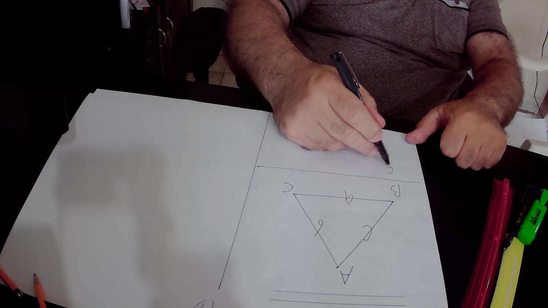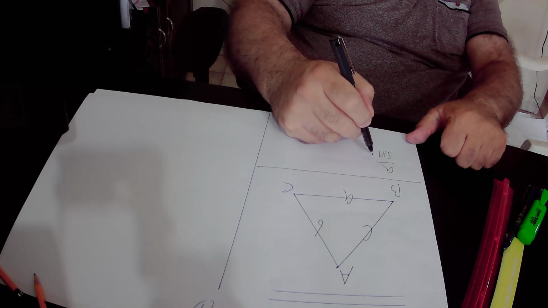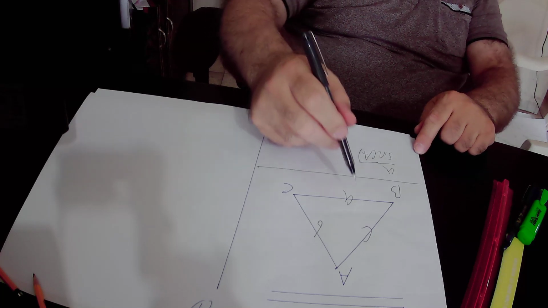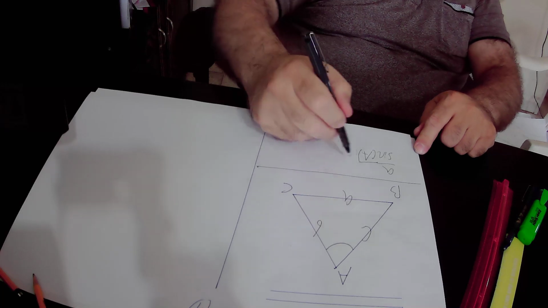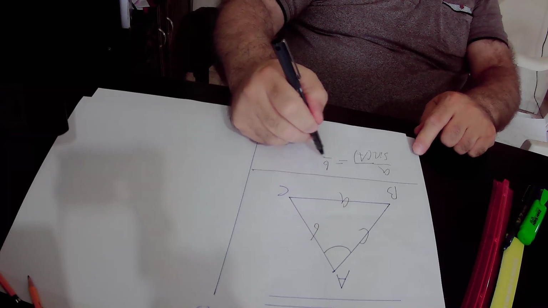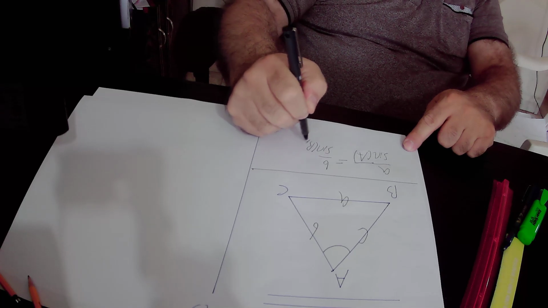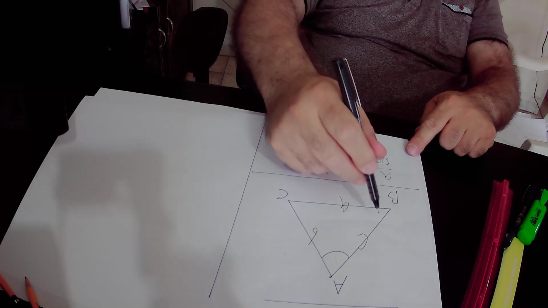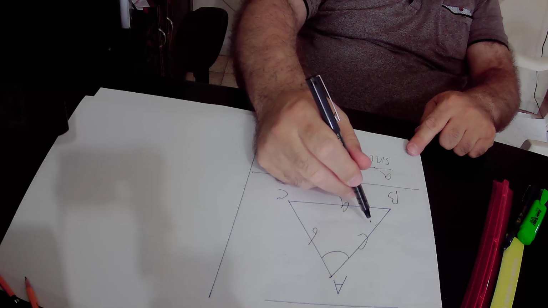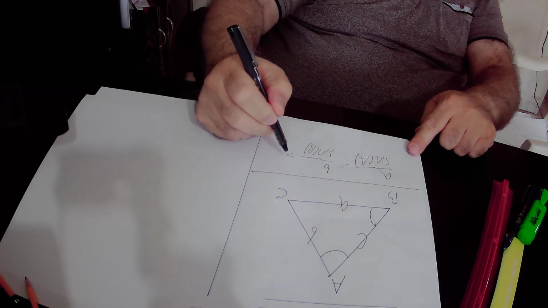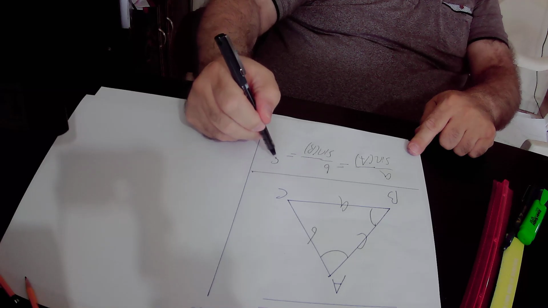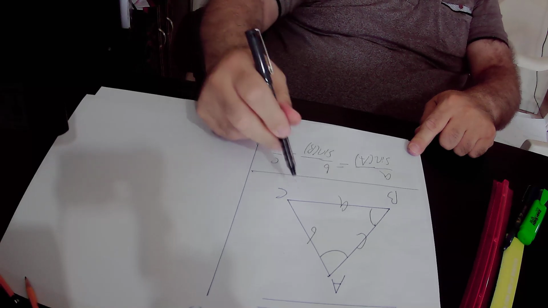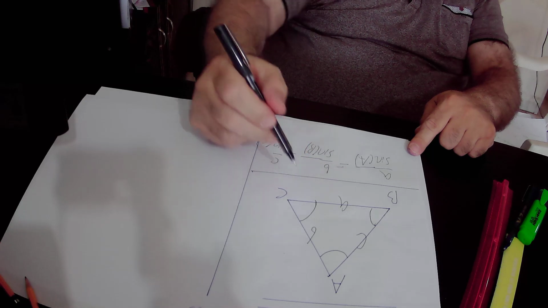Here, a over sine A, where capital A is the size of angle BAC, equals b over sine B, where capital B is the size of angle ABC, and it is equal to c over sine C, and capital C equals angle ACB.